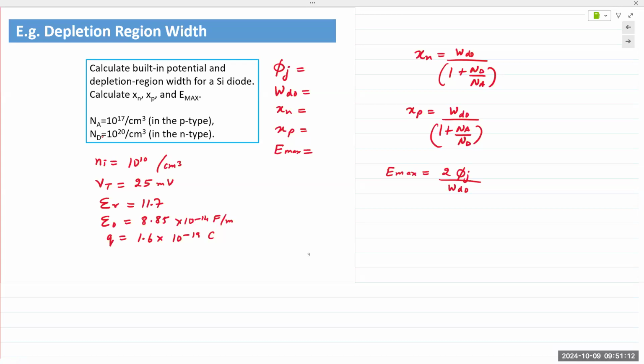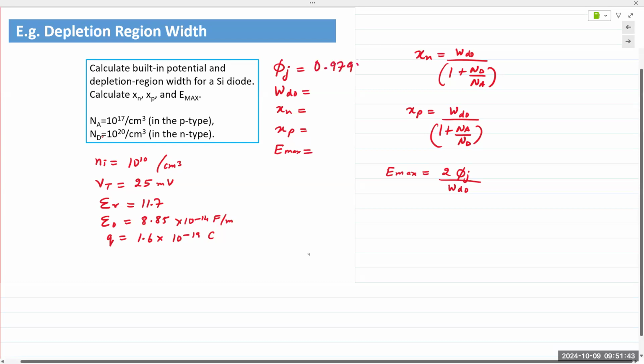No answers yet? Yeah, for phi j. It's Ni square in the denominator. Ni square. Yes, that is correct. Units? Yes. We'll see. So it is 0.979 volts.